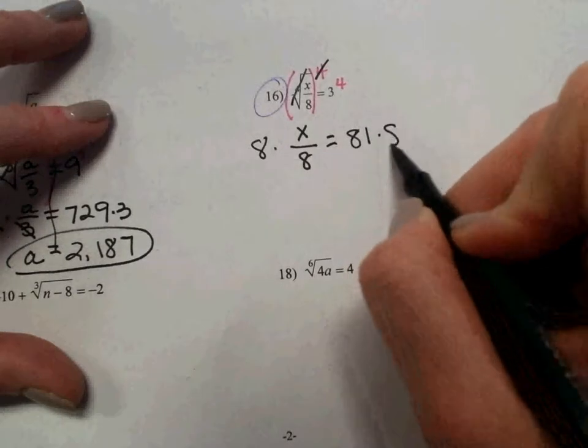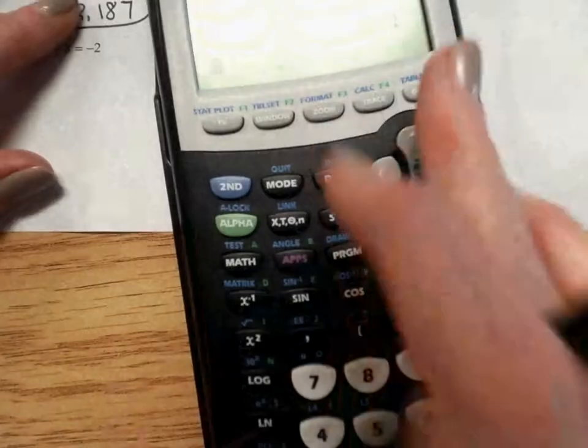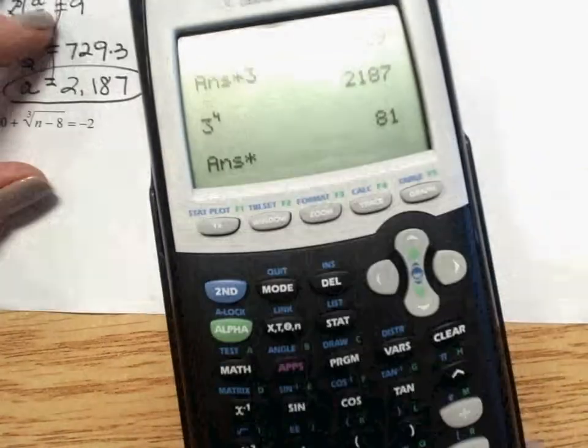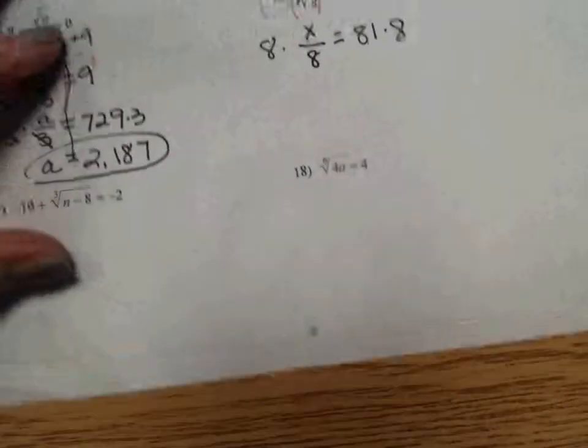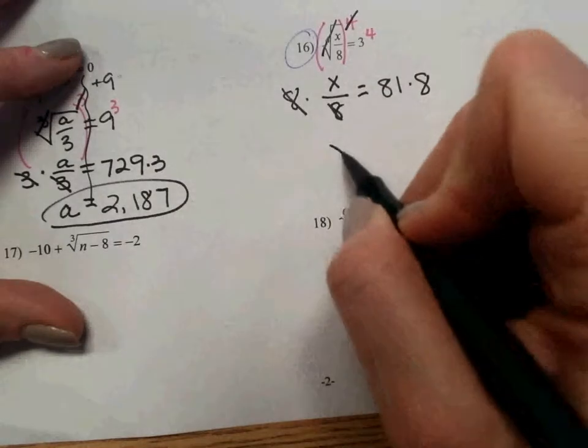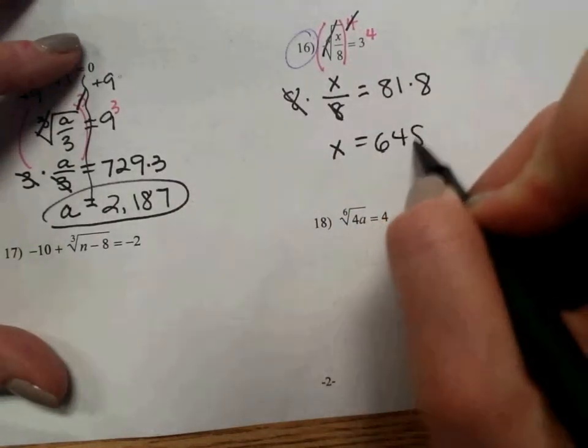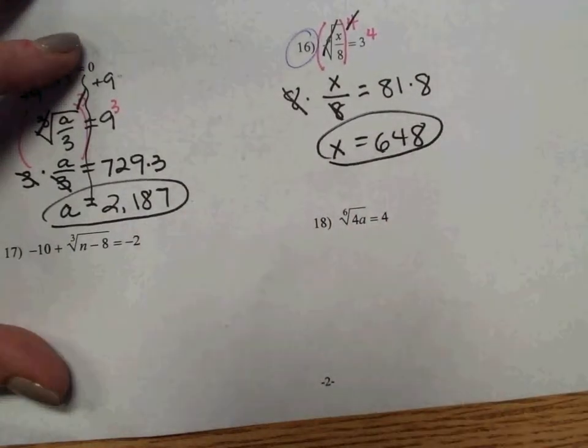Then I'm going to multiply both sides by 8. 81 times 8 is 648. So x equals 648.